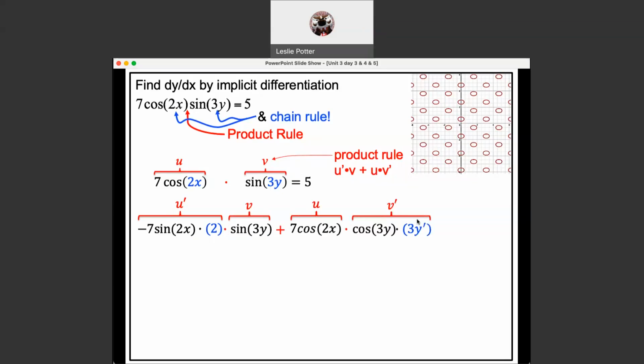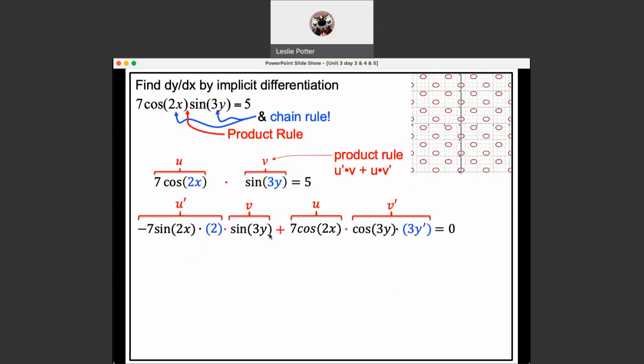We need that chain rule, that y prime. And that's what we're solving for. So we should have a y prime. And then derivative of 5 is 0. If we're looking at the expression, we see y in one location, so we have y prime in one location. There's no collecting y primes. We only have the single one.